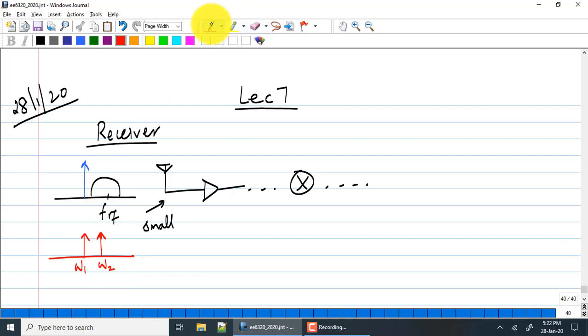So, these can be interference tones. These can also be, in general, yes, they were originally meant to characterize interference tones. Okay. But, in general, if you look at modern communication, how many of you are taking digital communication and wireless communication, cellular communication?